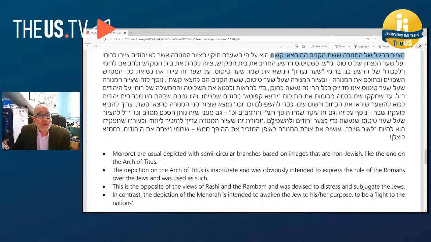And in honor of this wicked man, they built a victory arch or victory gate in Rome, which carries his name, Titus, the Arch of Titus.